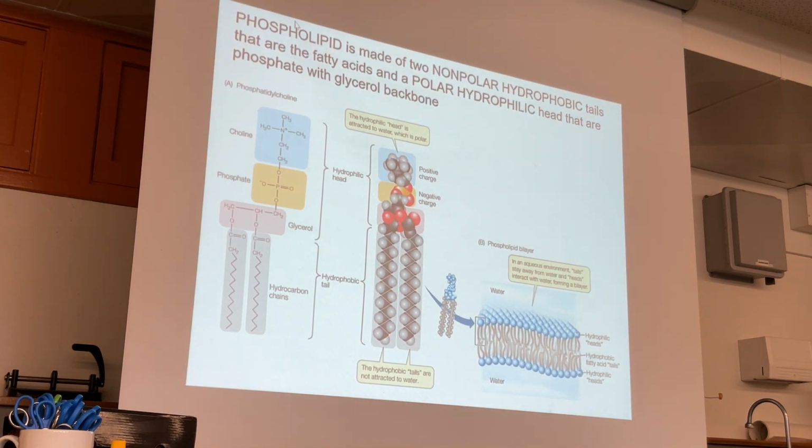So how do we solve the problem with water on both the inside and the outside of the cell? We have the phospholipid bilayer, so the parts that like water face the water. The parts that don't like water, that are afraid of water, kind of huddle to themselves in the membrane.